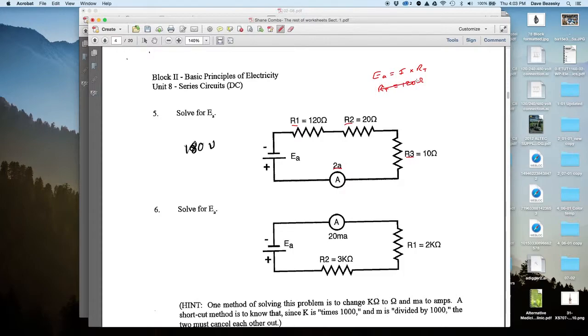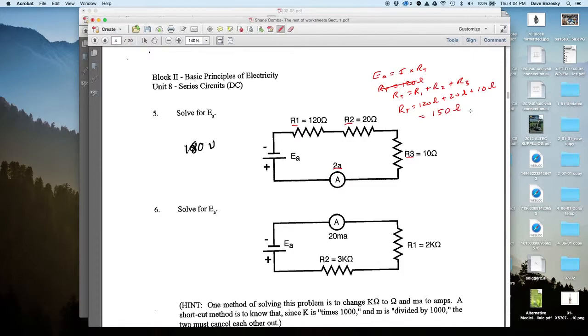Let's write that out symbolically first. RT equals R1 plus R2 plus R3. Okay, what's R1? R1, 120 ohms. Plus R2, 20 ohms. Plus R3, 10 ohms. So what's that come out to? 120 plus 20 is 140, plus 10 more is 150. RT is 150 ohms.